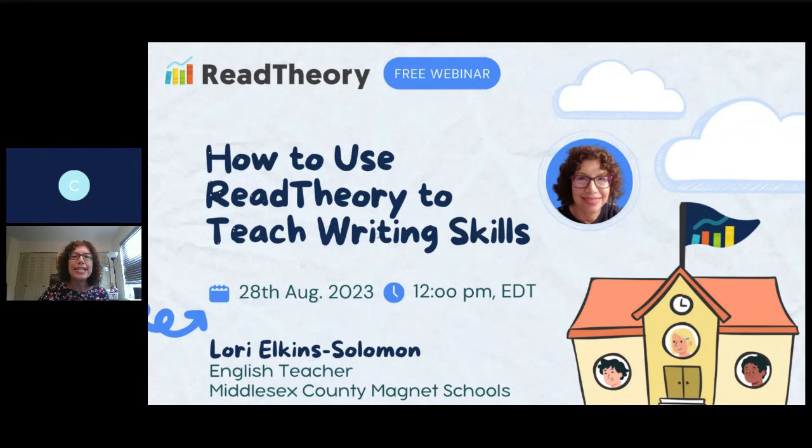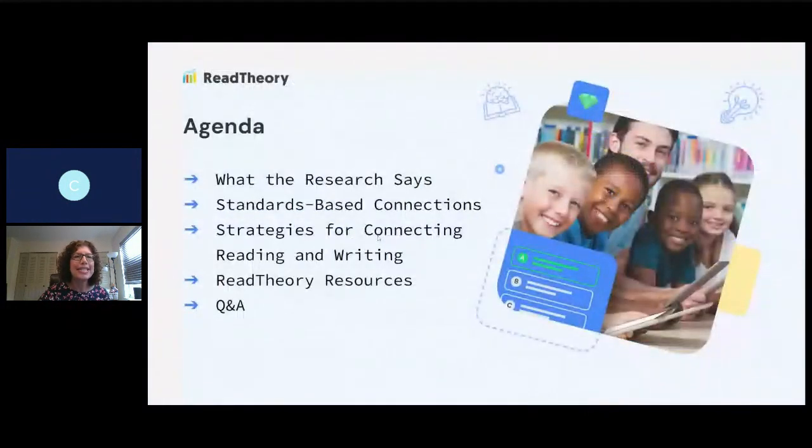All right, so as teachers, we instinctively know that reading and writing are intrinsic to each other. We know that being a good reader can help you to be a good writer, and being a good writer can help you to be a good reader, and that the skills work with each other. But sometimes the higher ups in our schools may not understand that.